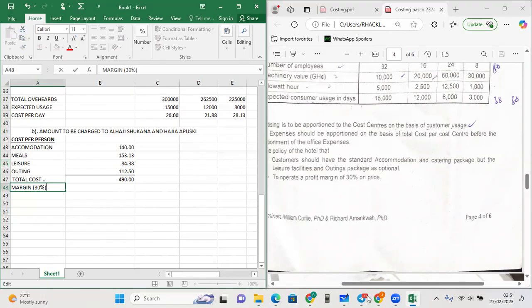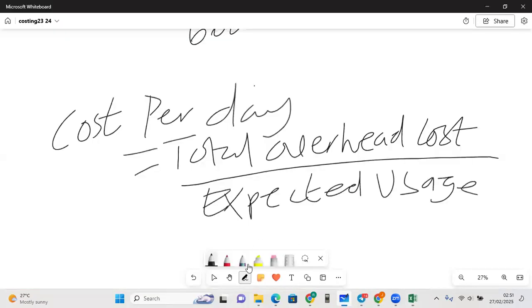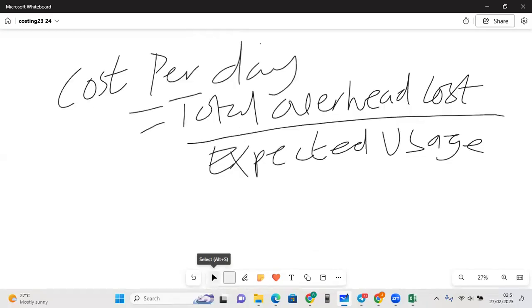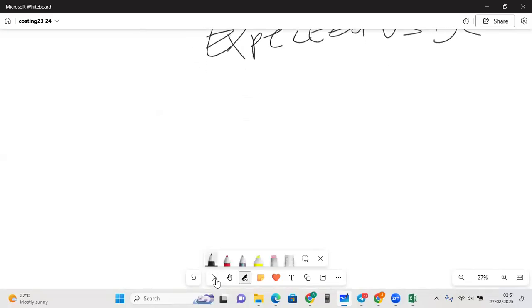So for margin to markup, when we are going from markup to margin, we add the markup to the denominator. And when we are going from margin to markup, we subtract from it.